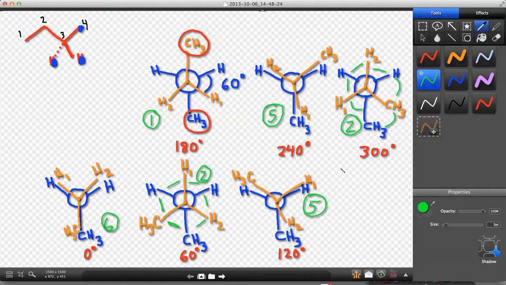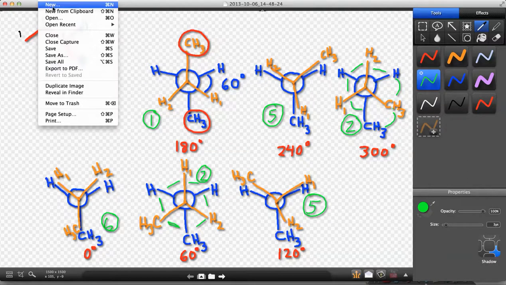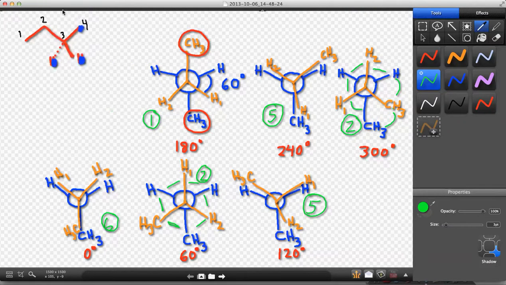What this allows us to do now is to draw a relative scaled potential energy diagram of these rotational or conformational isomers, which will be the last thing that you'll want to be able to do.